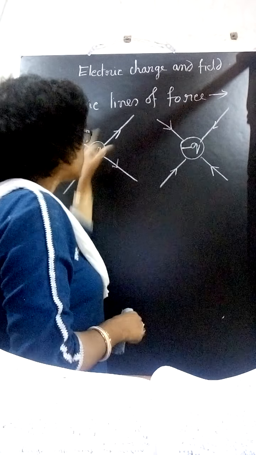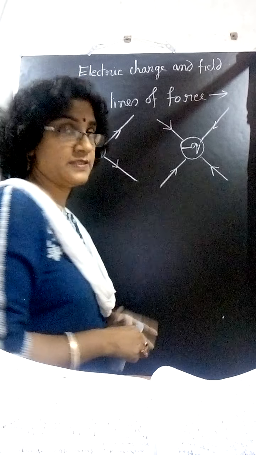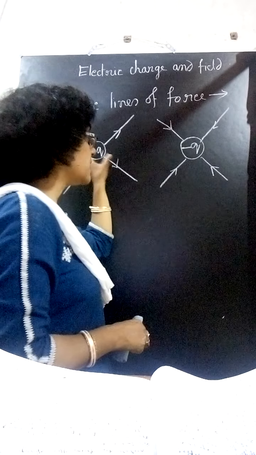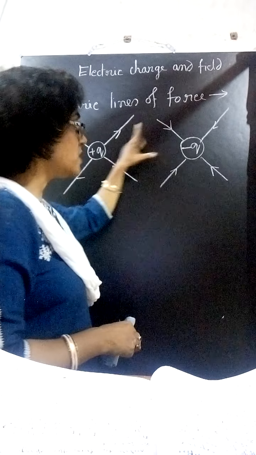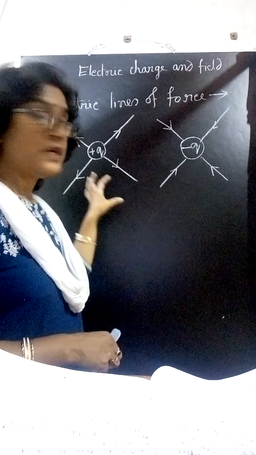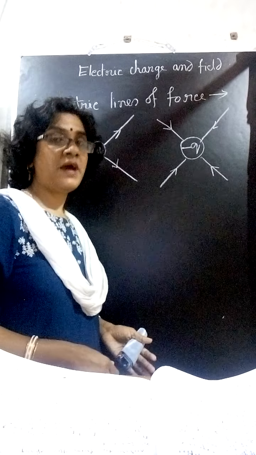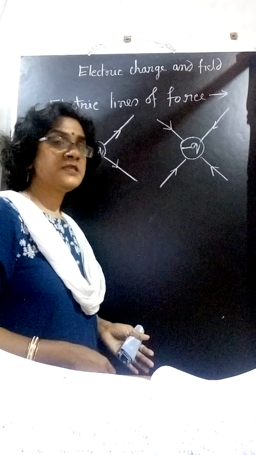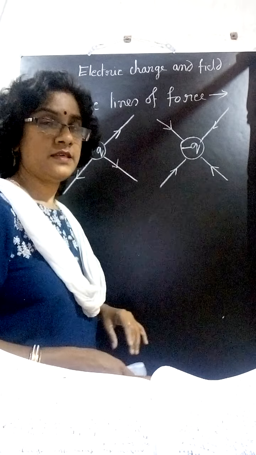But what will be the magnitude by those lines? By the arrow, it is clear that the direction of the electric field is outwards and inward. Now what will be the magnitude in those lines of force? For those lines of force, the magnitude of the electric field is calculated by the density, that is the closeness of the lines.